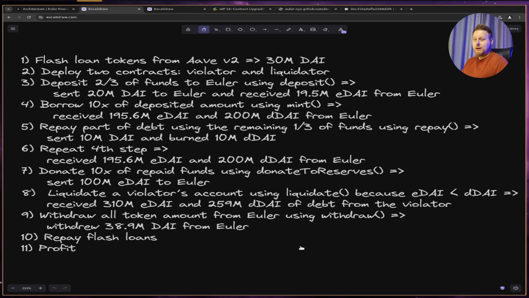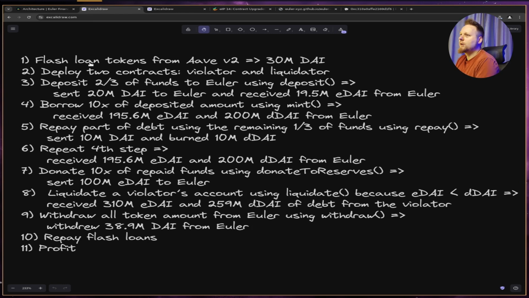Having that described, let's go through what really happened that allowed this hack. So first, the attacker took a flash loan from Aave v2. In this case, we are looking at the DAI token. There are multiple tokens that totaled 200 million, but in this case, we are looking at DAI.